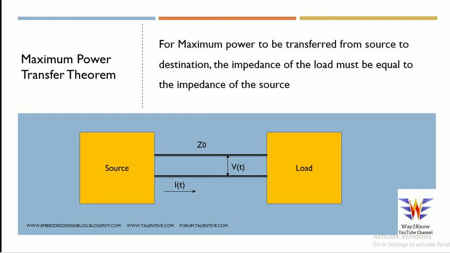When a source provides some output and it goes to the load, if the entire power transmitted by the source needs to be absorbed by the load without any losses, then the condition to be met is that the impedance of the source must match the impedance of the load. That means there should be a common impedance from the source to the load.